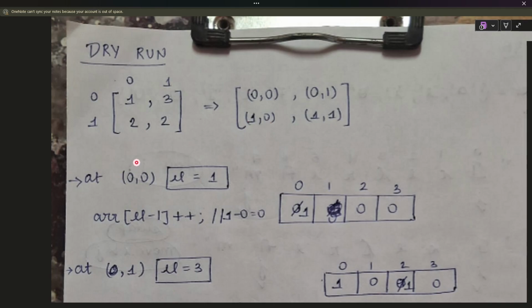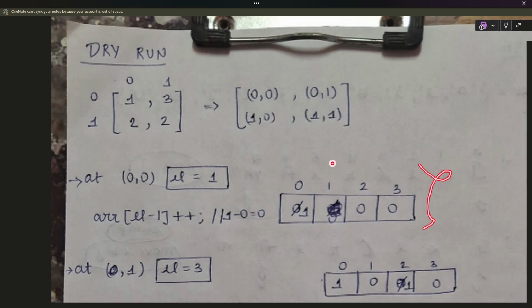When we are at index 0 comma 0, the element is 1. We need to calculate its frequency, which will be stored at index 0, because we have taken the array like that.